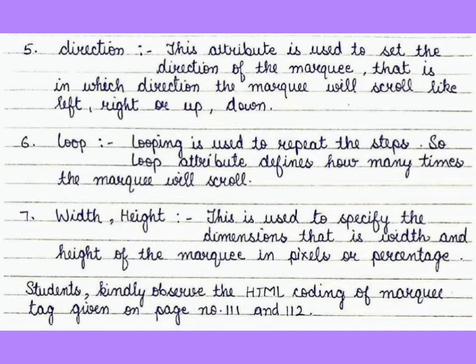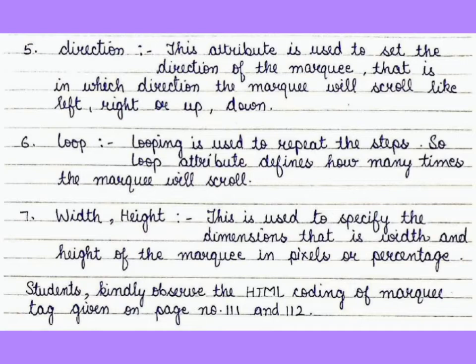Number 6. Loop. Looping is used to repeat the steps. So, the loop attribute defines how many times the marquee will scroll. Number 7. Width, height.